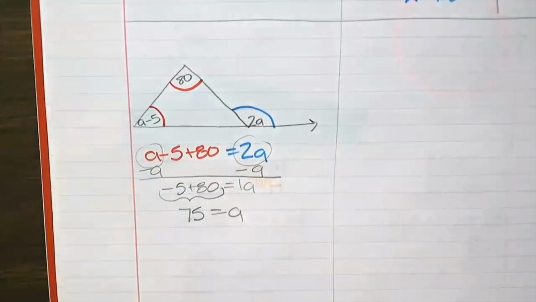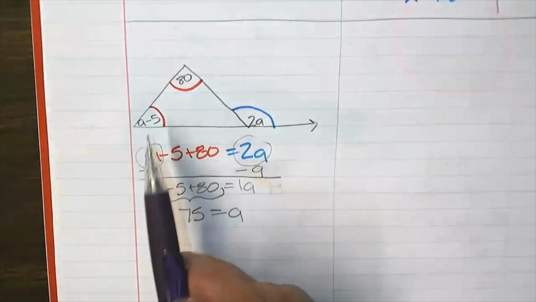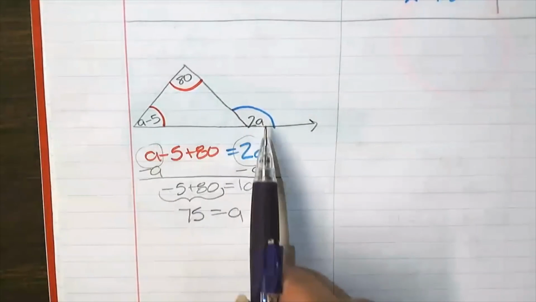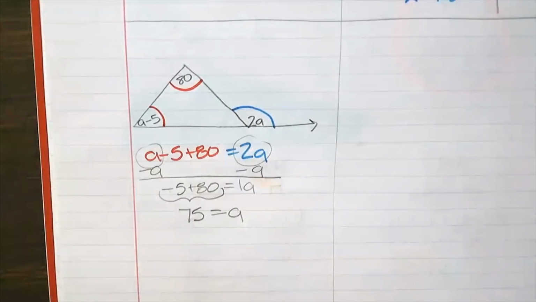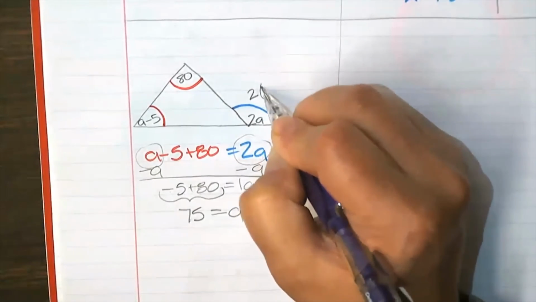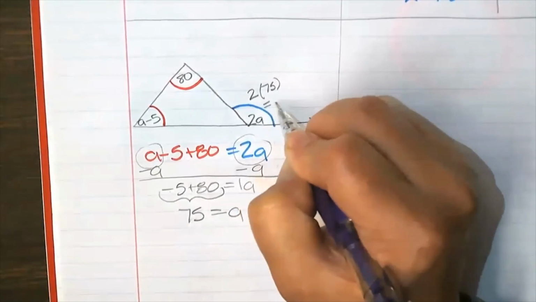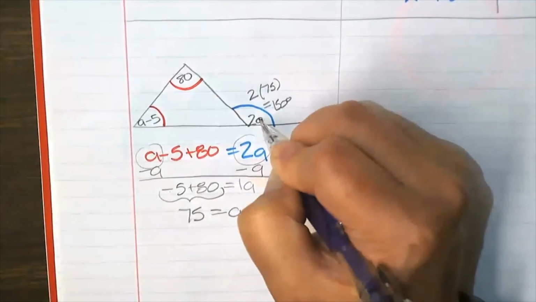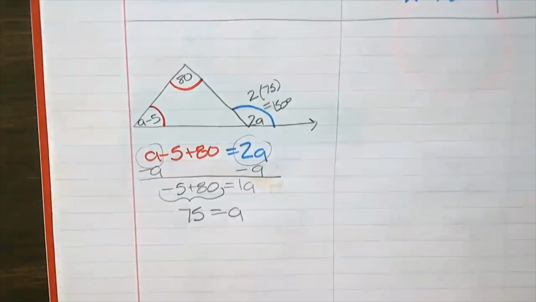A is equal to 75. But that hasn't given us our angles here. A is equal to 75, but this is 2 times 75. So this angle here is 150 degrees.